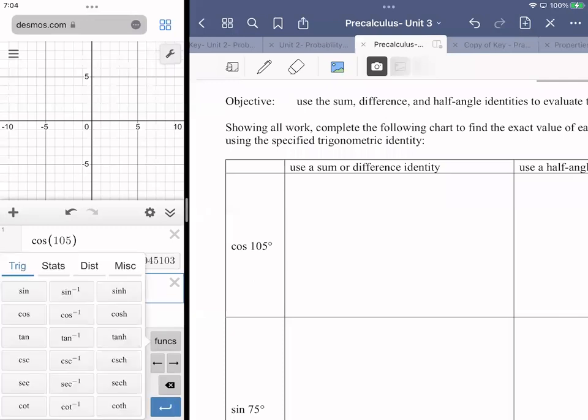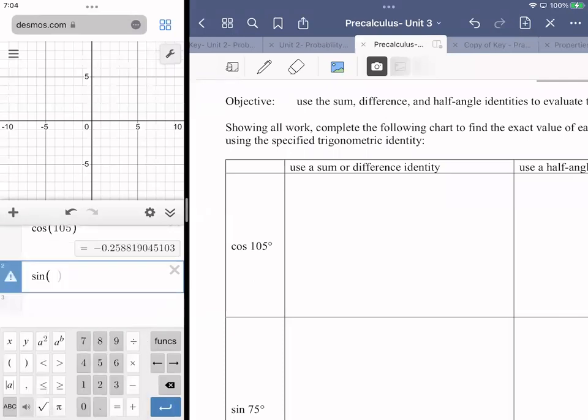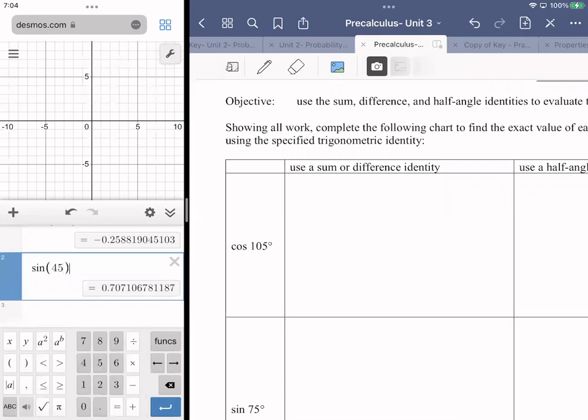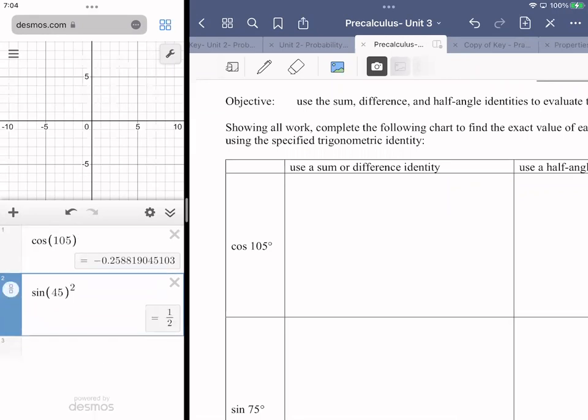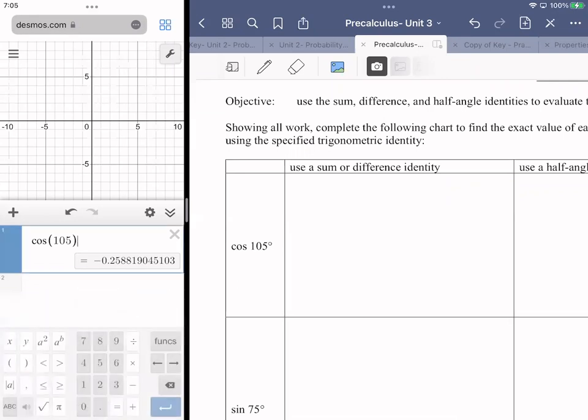Like, for example, if the question is sine of 45 degrees, you know it's going to be the square root of something. So what I do is I just square it, convert it over to fraction form, and then slap a radical over it. Okay, so there are workarounds, but for something like this, that doesn't quite work, right?